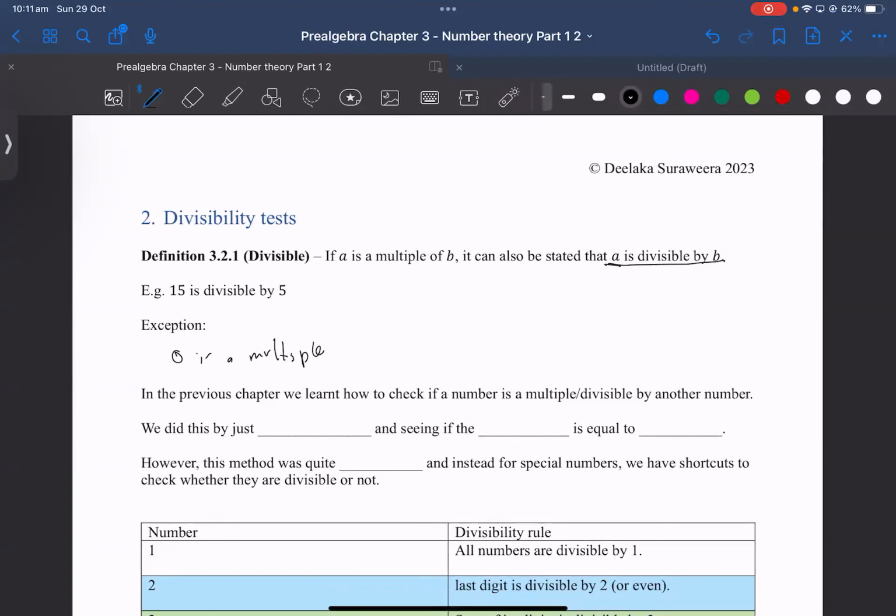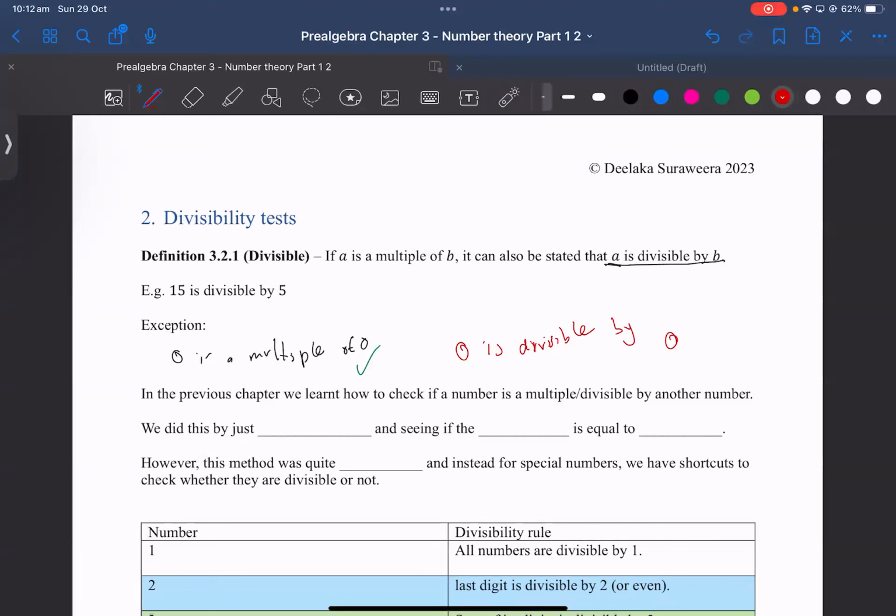Because remember, you're not allowed to divide by 0. So you can say 0 is a multiple of 0, but you can't say 0 is divisible by 0. Dividing by 0 doesn't make sense. It's the number one rule in math when you get to algebra.